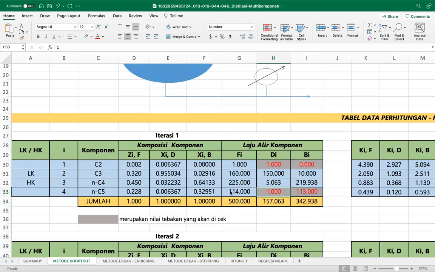Here in the feed we have 114 kilomole, but we don't know, so you may guess only a little, maybe only 2.25 or 5. It should be little, because NC5 is quite heavy, so it should go mostly to the bottom. So this is a guess. Up to here, any questions?